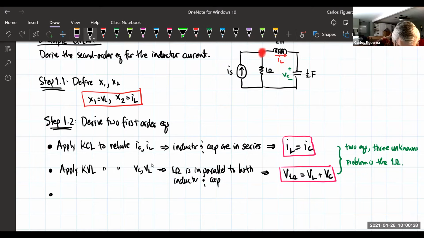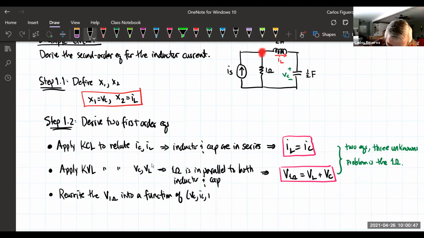So now we need to rewrite the voltage of the 1 ohm resistor into a function of either VC, IC, IL, VL. So what do I know about this guy here?